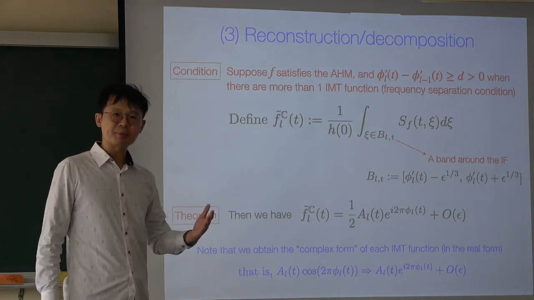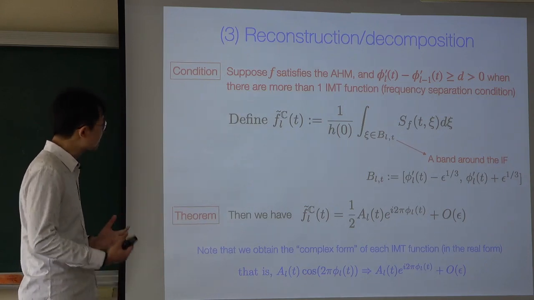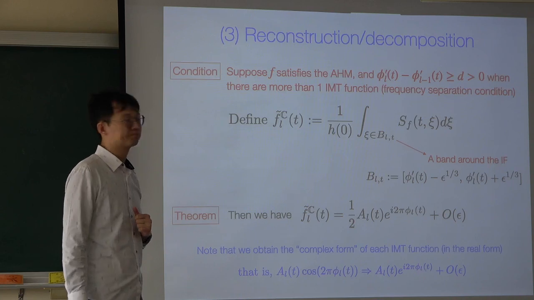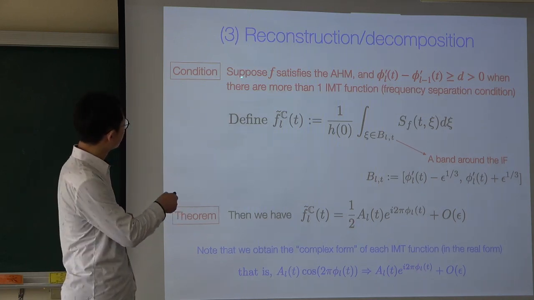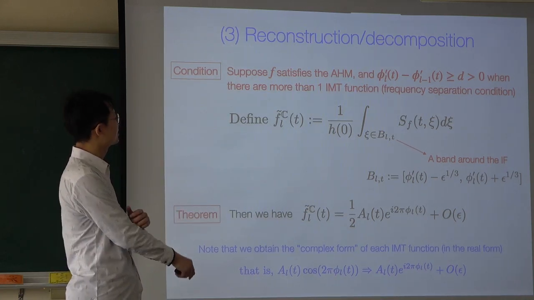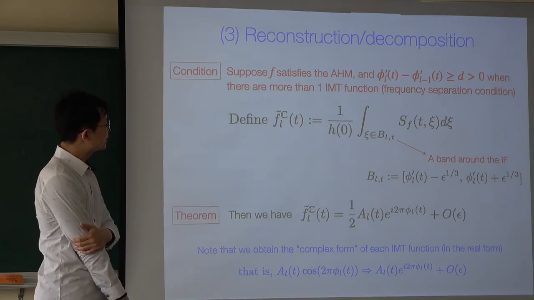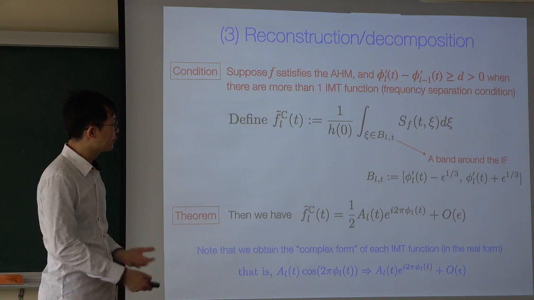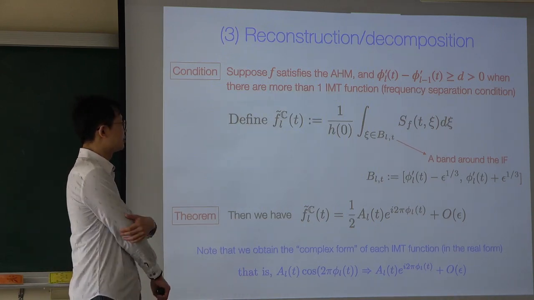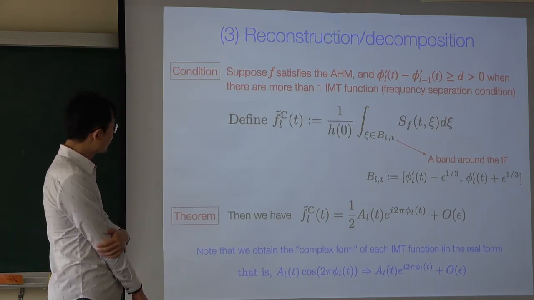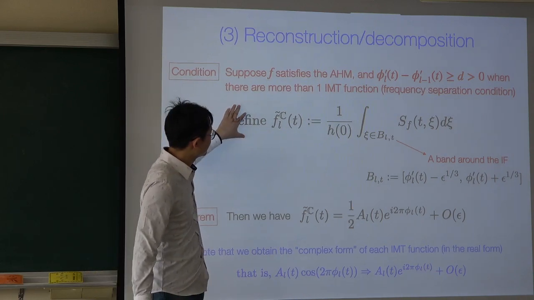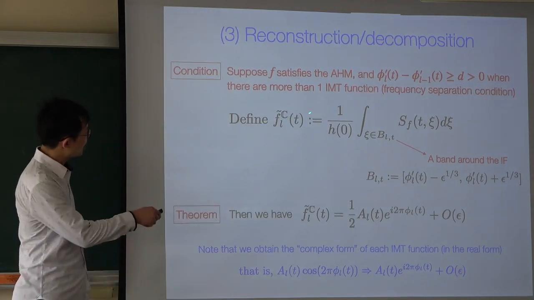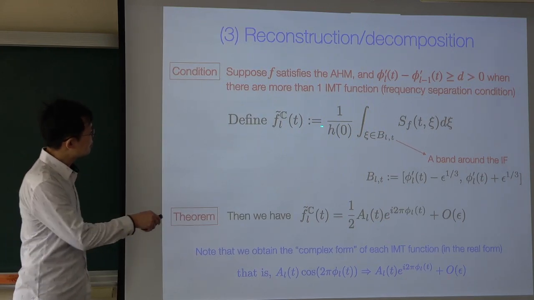The third part of the properties of synchrosqueezing is the reconstruction or decomposition. So the condition is like before. Suppose f satisfies the adaptive harmonic model, and you have separation. Suppose we have more than one intrinsic mode type function, then we can define a new function, f tilde ℓ, at each time t in the following way.